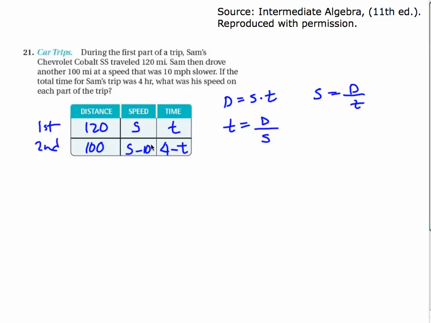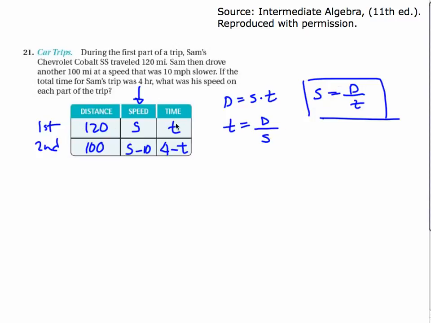And what you want to do is find one of these formulas where you can solve for one of these variables. I think you could pick either time or speed. I'm going to pick speed. So I'm going to write each formula in this format and then see if I can solve for S, and then I'll use substitution to solve the system of equations.